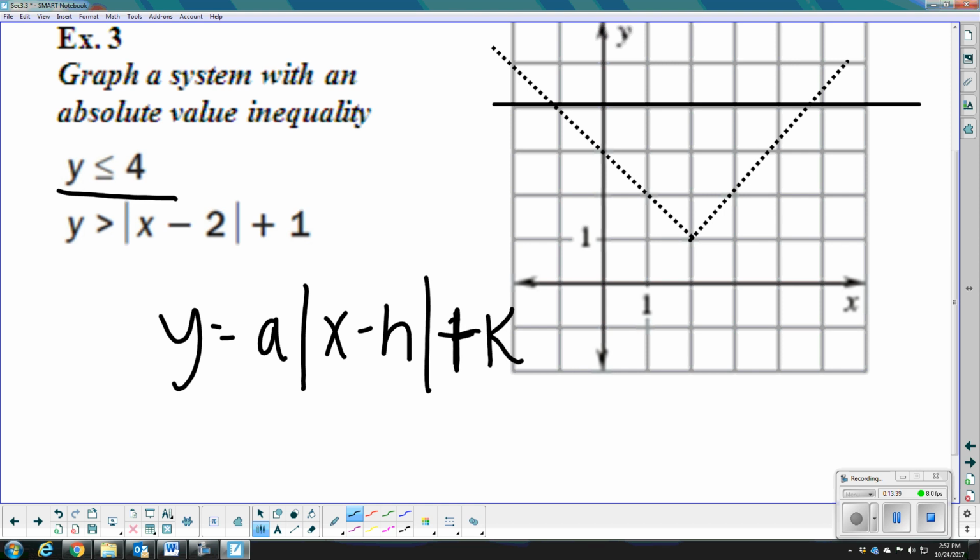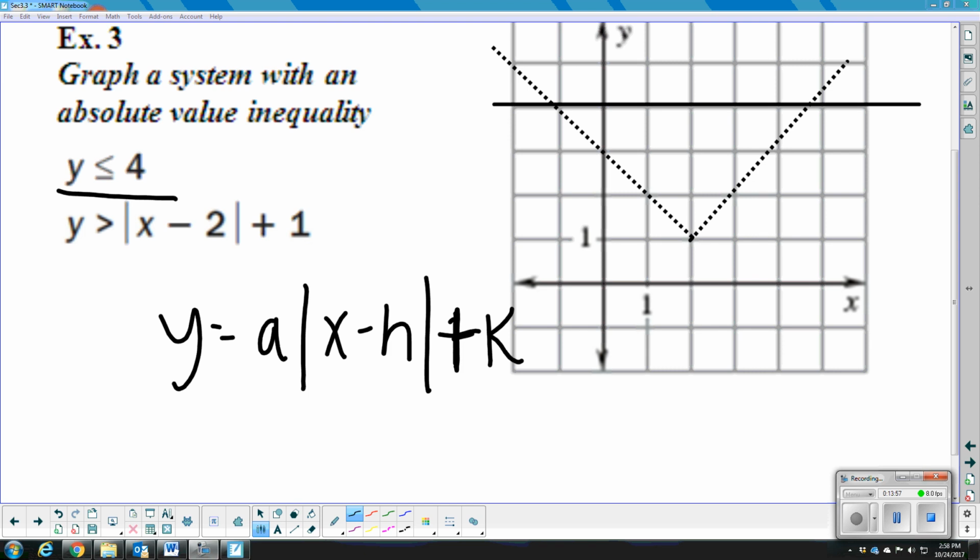Our h value is the x coordinate of our vertex. So for your absolute value inequality, we need to start with our vertex.